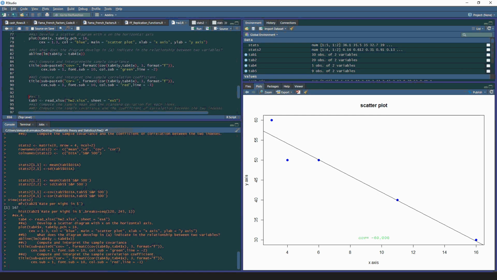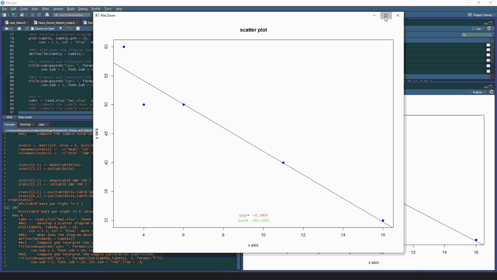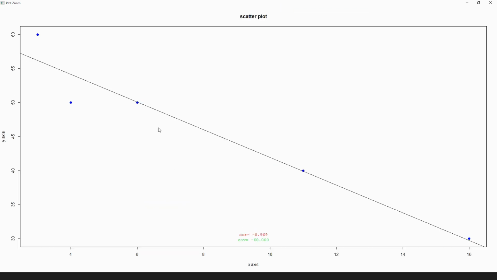I just wanted to show you the scatter plot. When we are talking about the interdependence of these two variables, it's always good to have the best fitted straight line for our dots.